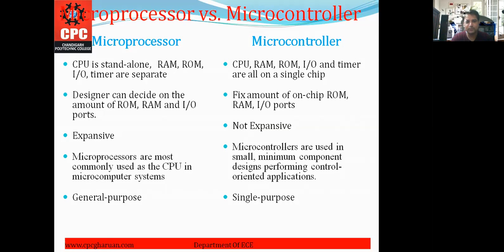Microprocessors are most commonly used as the CPU in microcomputer systems. But on the other hand, microcontrollers are used in small, minimum component designs, performing control oriented applications. Microprocessor is for general purpose, and on the other hand, microcontroller is for single purpose. For example, a laptop uses a microprocessor.